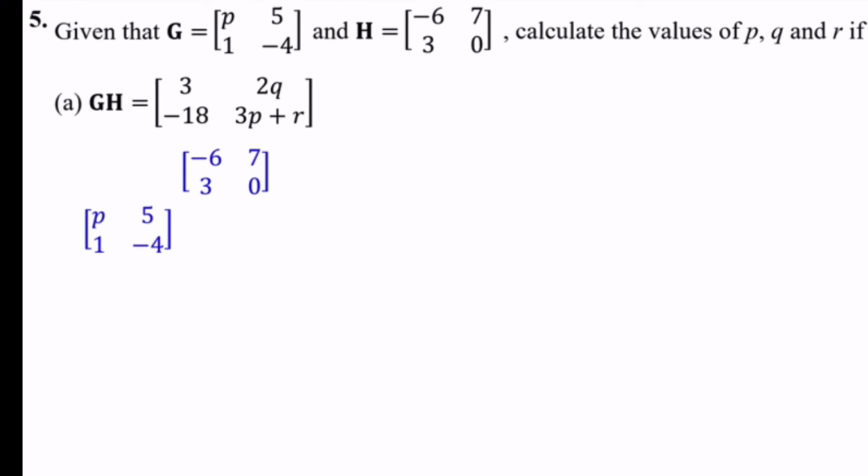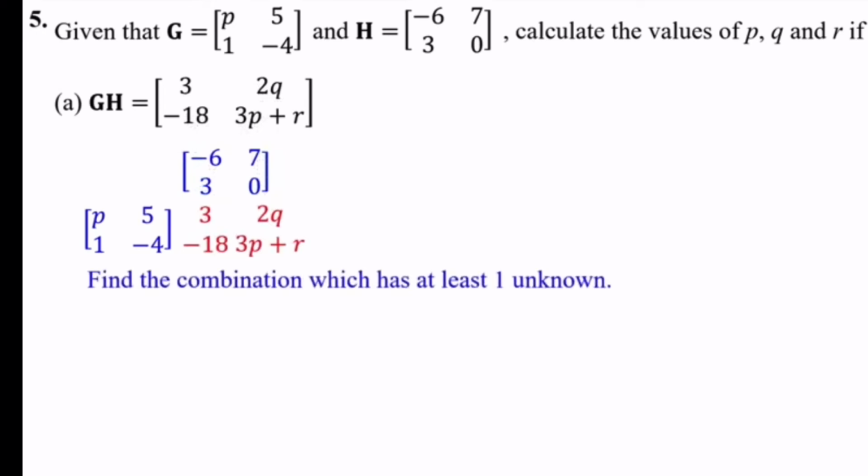So we are going to multiply these two matrices and equate to the answer given. So let's multiply the matrix carefully. So we will find the combination which has at least one unknown. So it's p times negative 6 plus 5 times 3 equal to 3.